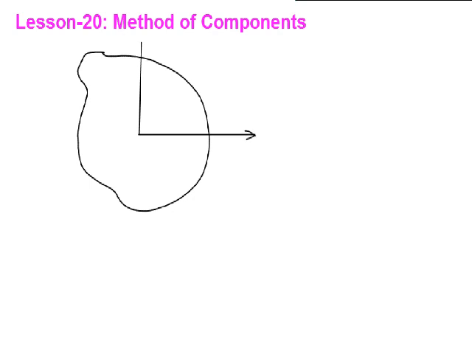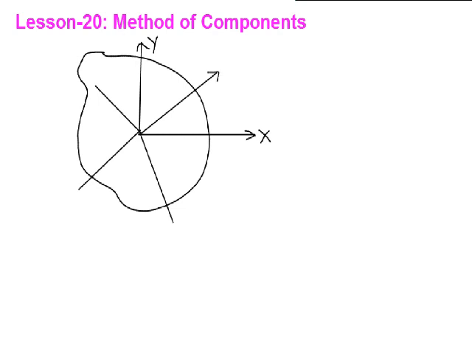We can choose arbitrarily any one direction as the x-axis, and the other direction, which is perpendicular to the x-axis, is the y-axis. And suppose that you have several forces acting on it, F1, F2, F3 and so on.